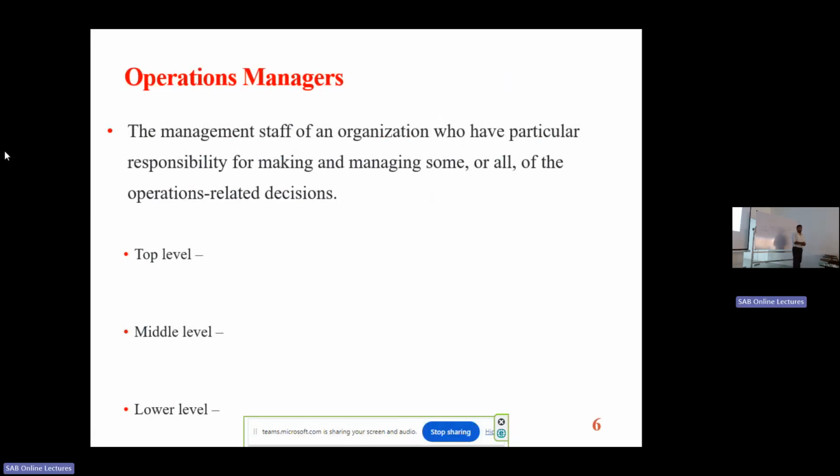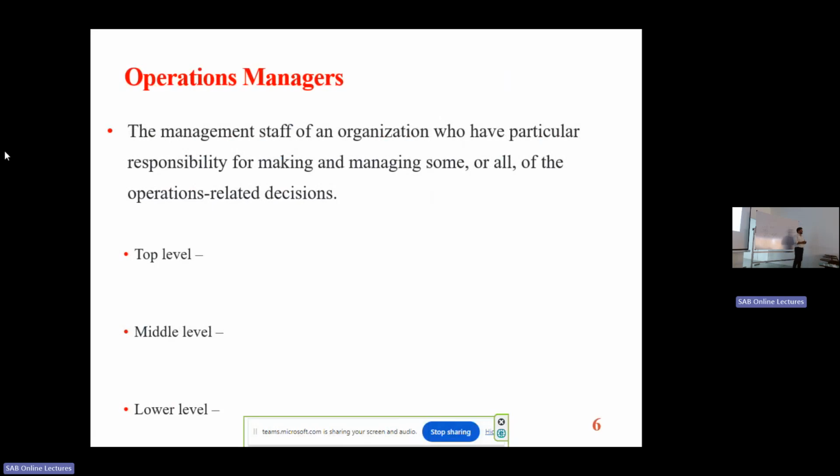That could be simply operations managers or factory managers or plant managers, what they call it. Plant managers. Production manager.